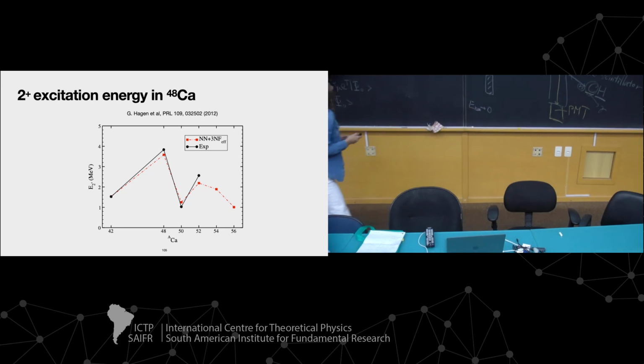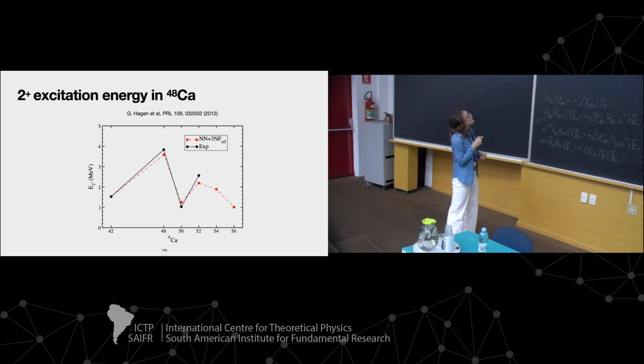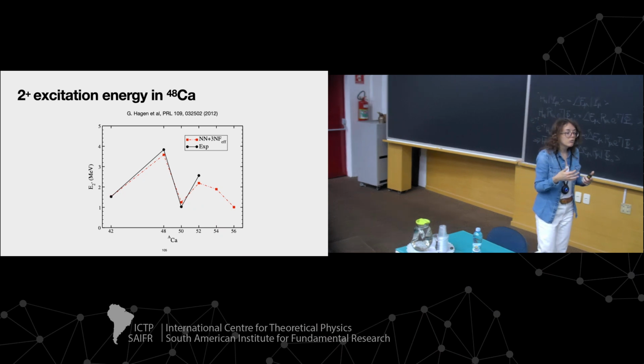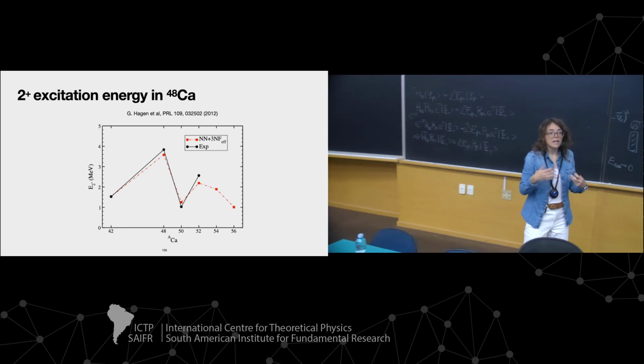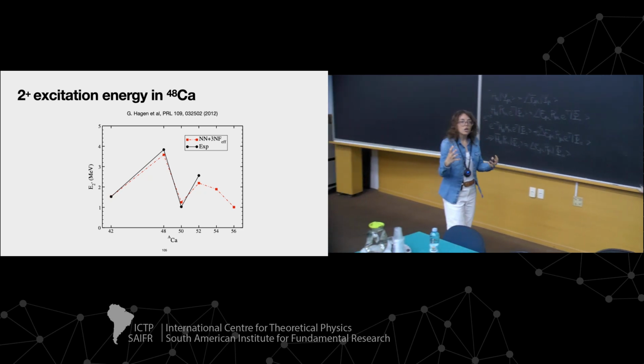Okay, 2+ excitation energy in calcium-48. The importance of 2+ excitation energies is connected to the fact that they are usually a proxy to understand if your nucleus is a doubly magic nucleus, and so if it's actually a closed shell nucleus.